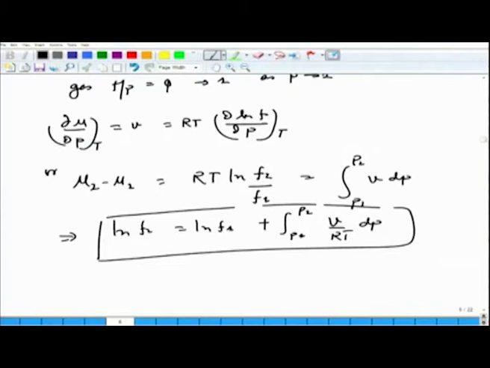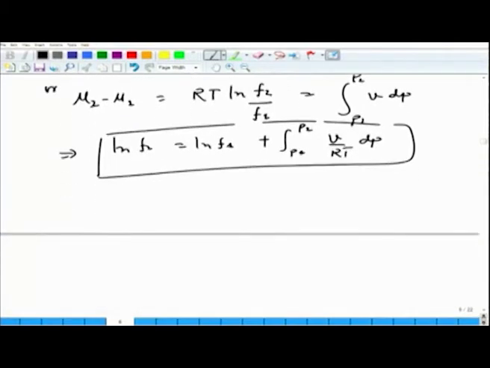Now, for the case of liquid and solid, we can try to assume that it is incompressible, that means molar volume is almost constant, we can take it out. In that case, I can write f2 is equal to f1 exponential of V (P2 minus P1) by RT, and this is nothing but the Poynting correction.